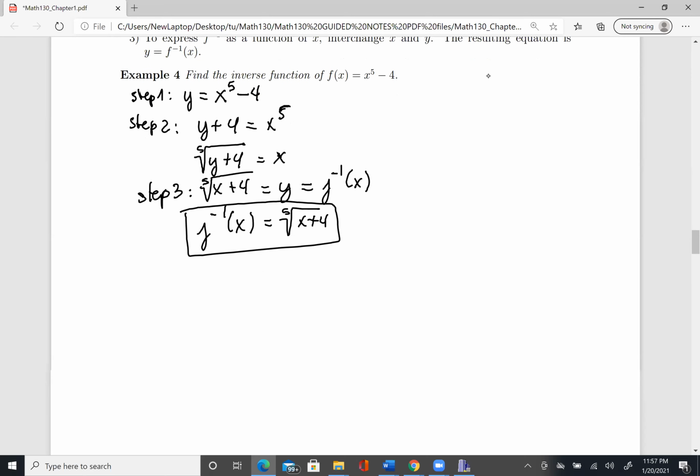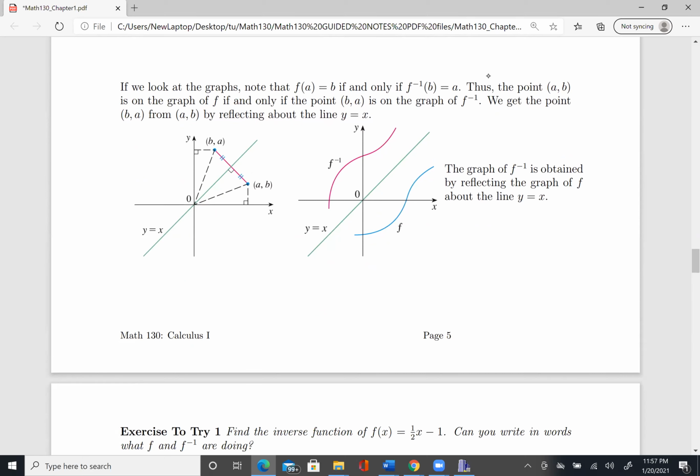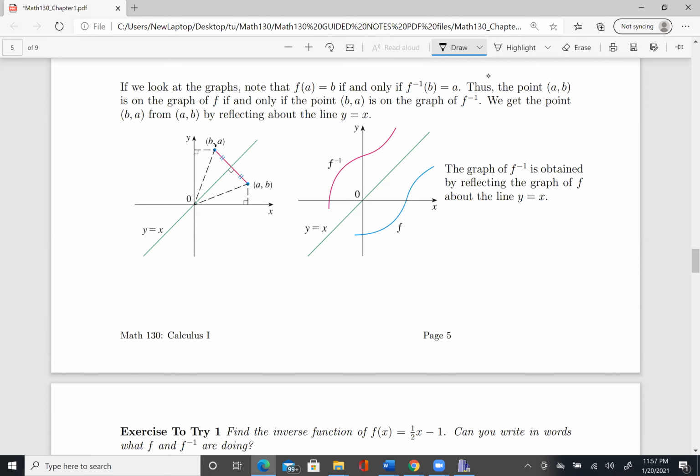So let's move down. If we look at the graph, note that f of a equals b if and only if f inverse of b equals a, and thus the point a comma b, where's a comma b?